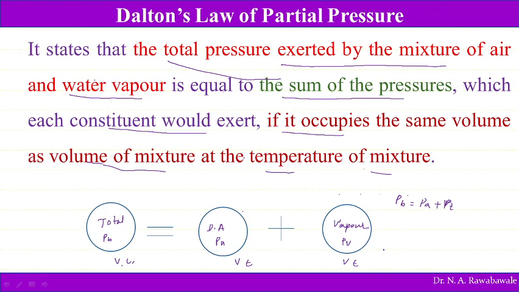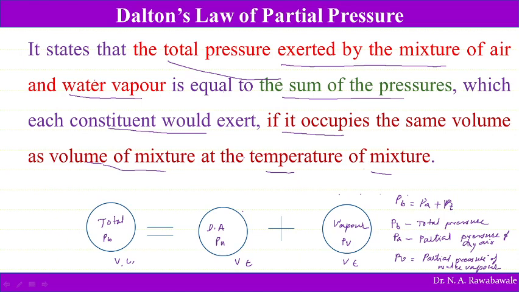This is how Dalton's law of partial pressure is explained, where PB is called the total pressure, PA is the partial pressure of dry air, and PV is the partial pressure of water vapor.